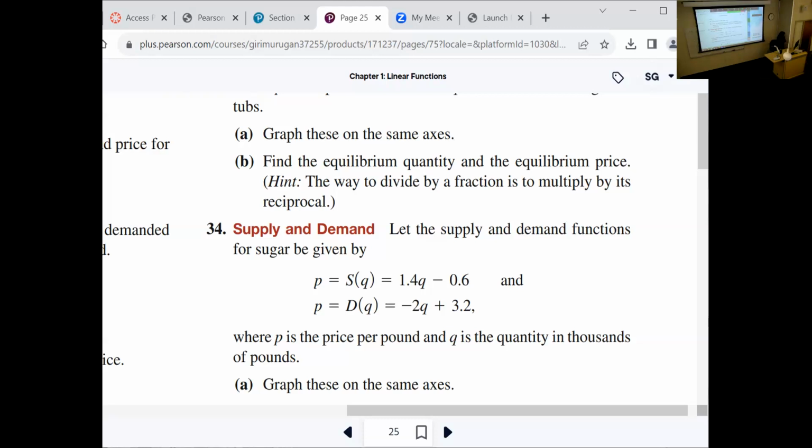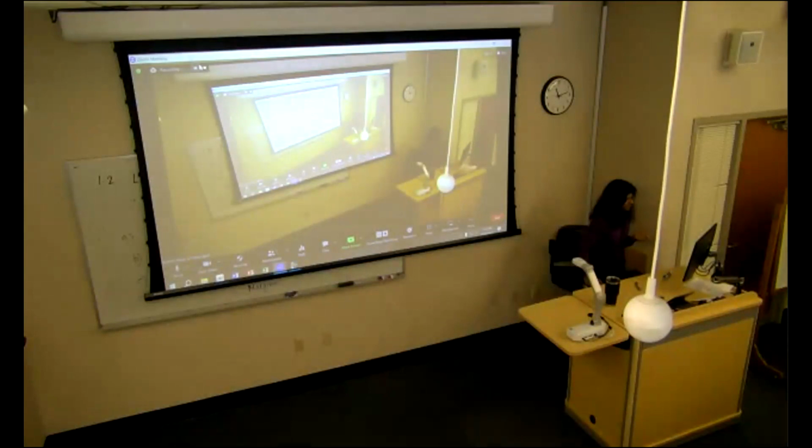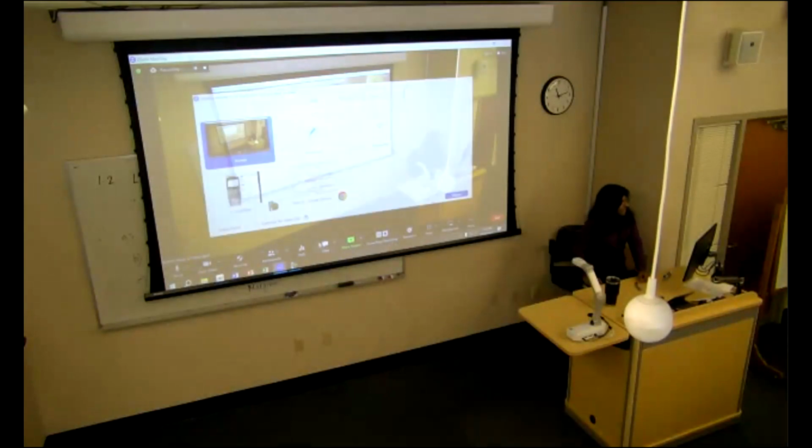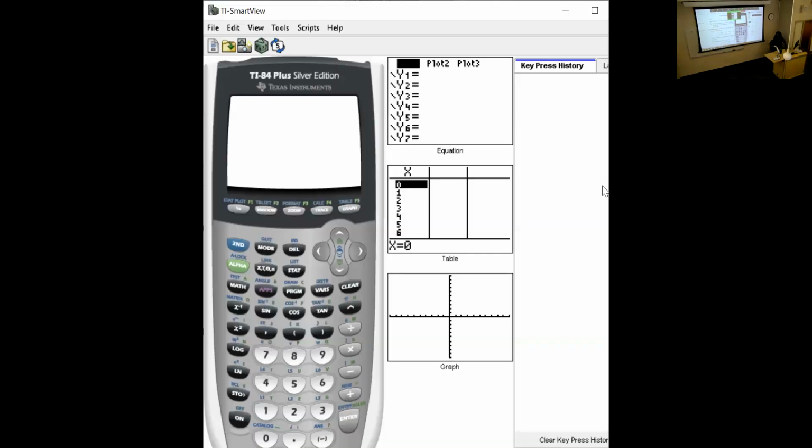So in your calculator, this is for people who have not used this calculator before.